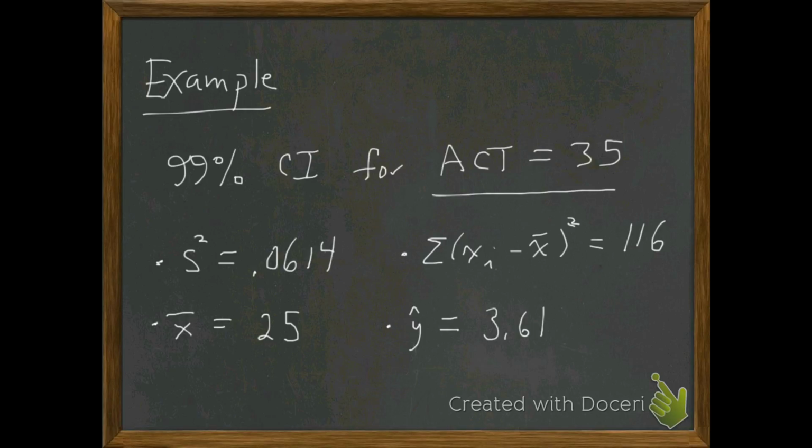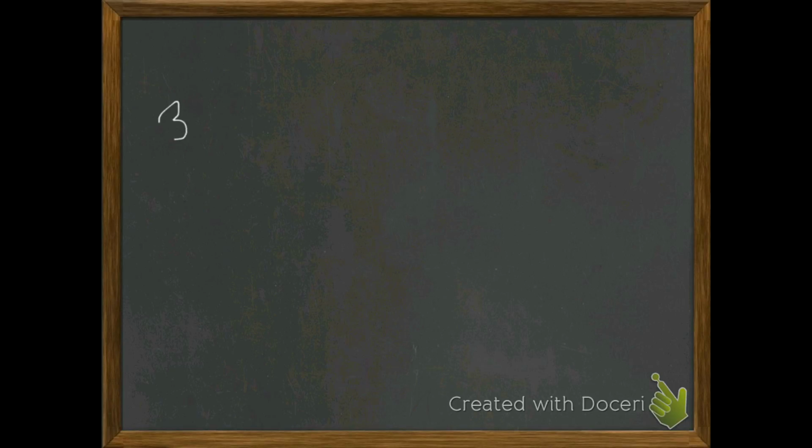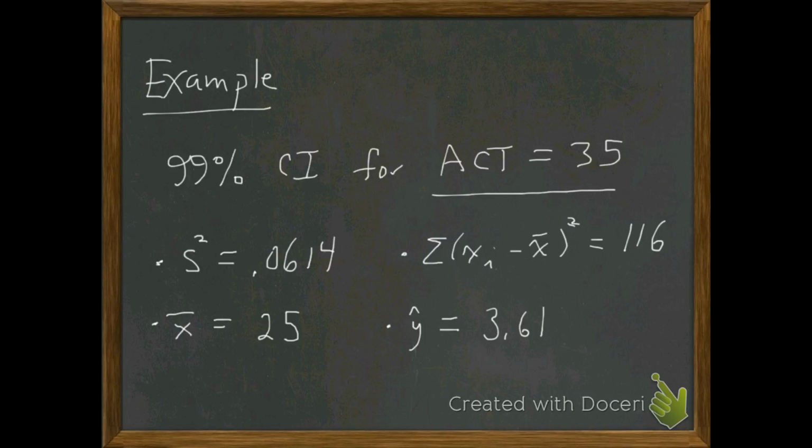Now, changing this up because things are going to vary here. What we need to do now is our predicted value is 3.61, and we need to find our T critical, which is going to vary a little bit, times our standard error for the predicted values at the level of ACT of 35.